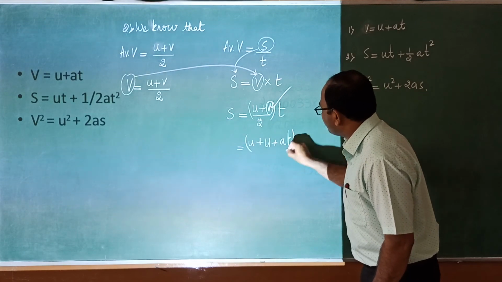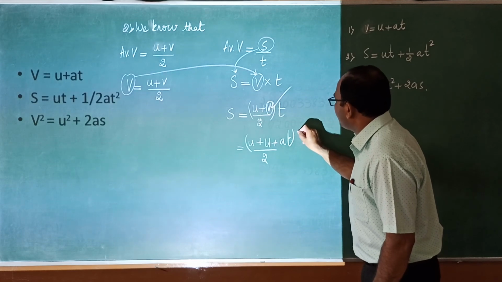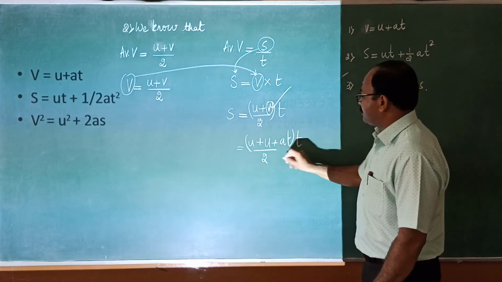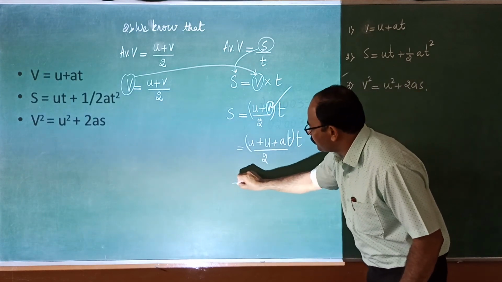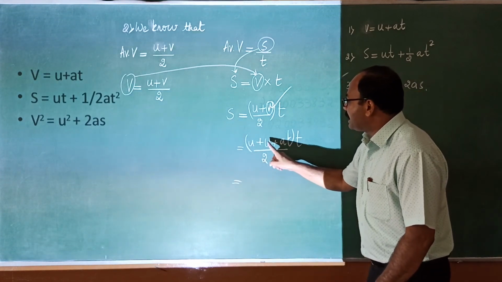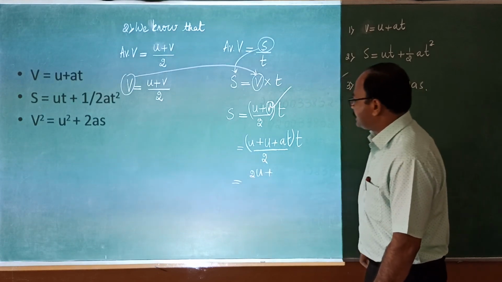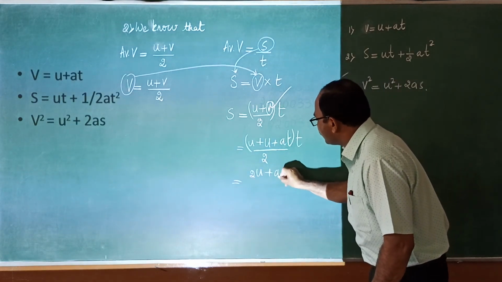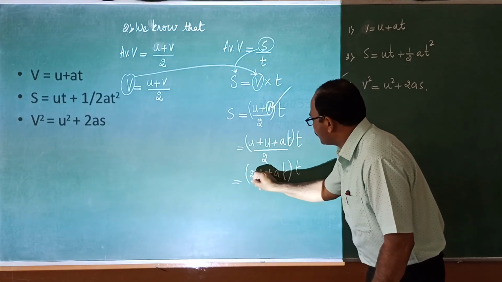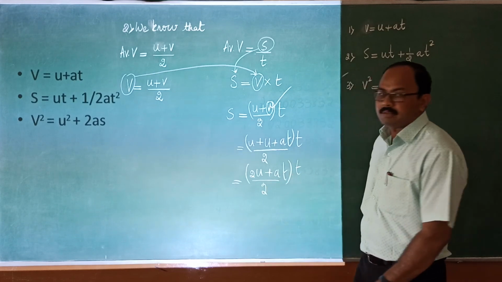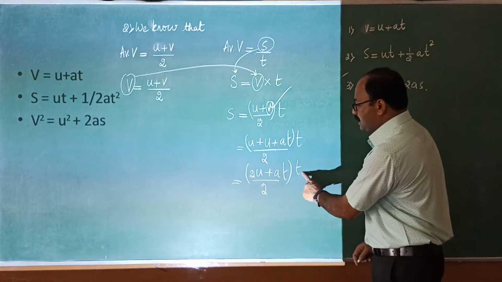by 2, children, into t, children, is equal to, carefully, u plus u is 2u plus at, into t, whole divided by 2, children. Now, this is binomial, this is monomial.